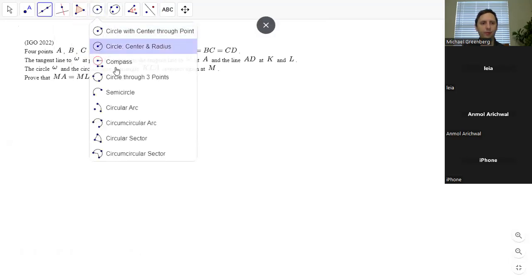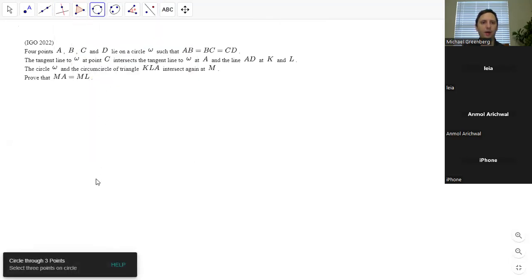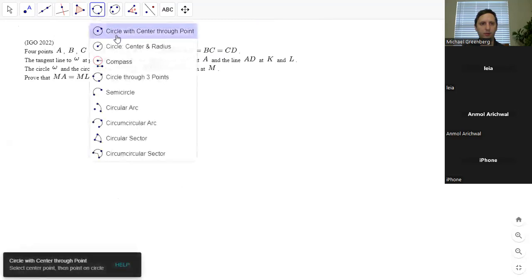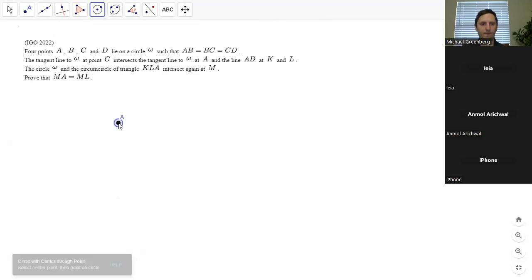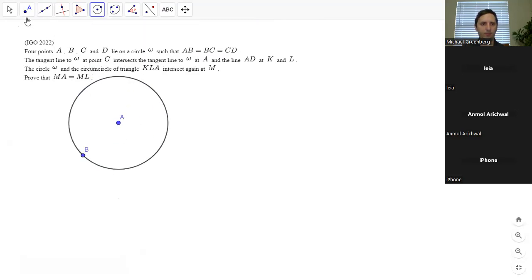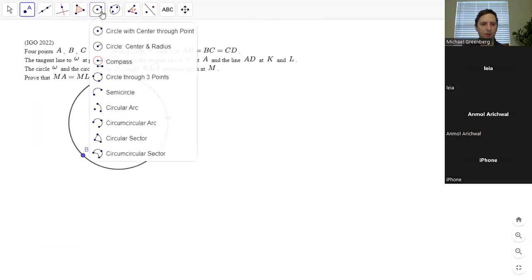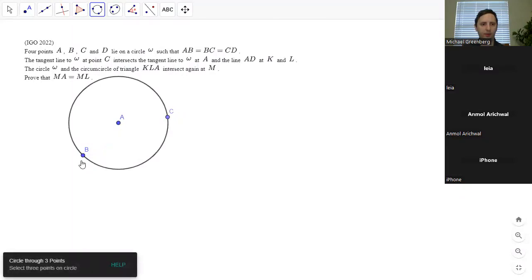So here is the first problem from the competition. I think this is in the hard section. So we have a cyclic quadrilateral with AB equals BC equals CD. Let me rename these.